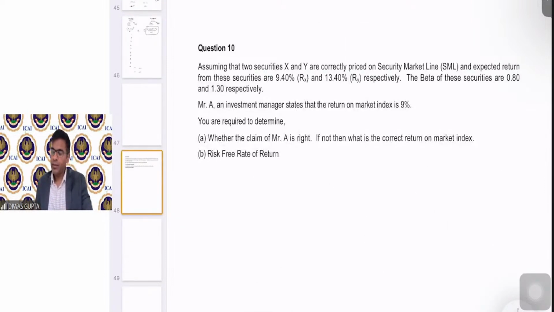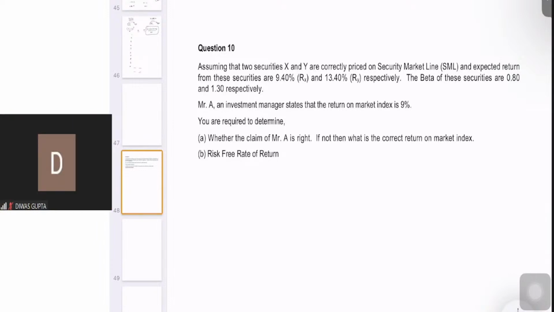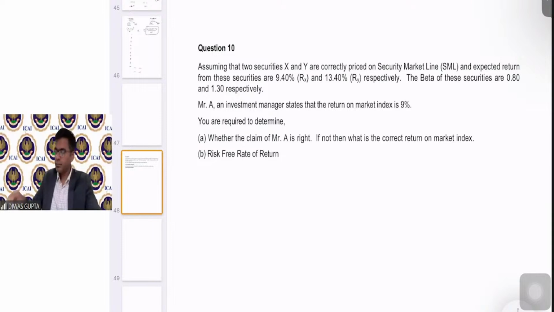Let's come to question number 10. Question number 10 says, assuming that two securities X and Y are correctly priced on the security market line.